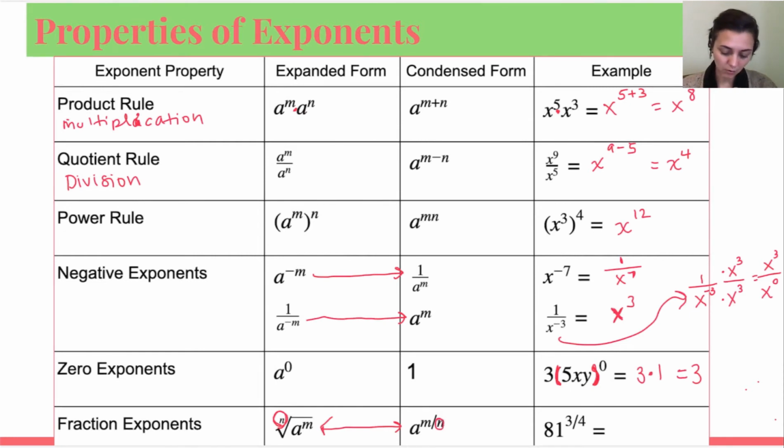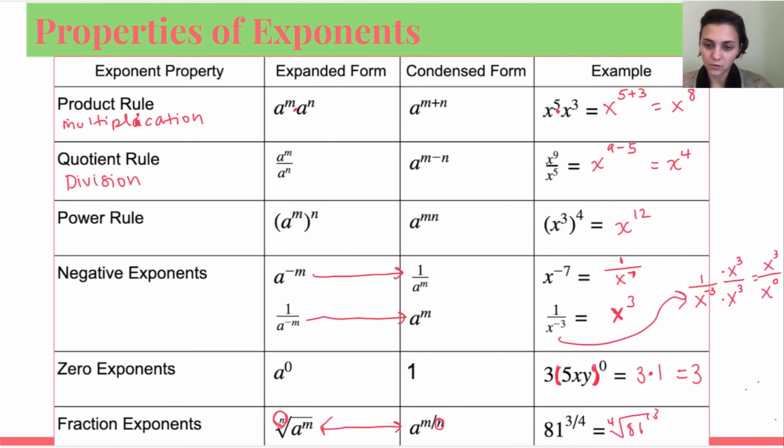So the power stays the power, and the root becomes what you're dividing by as a power. Okay? So if I wanted to rewrite 81 to the 3/4, this would be the fourth root of 81 to the third power.